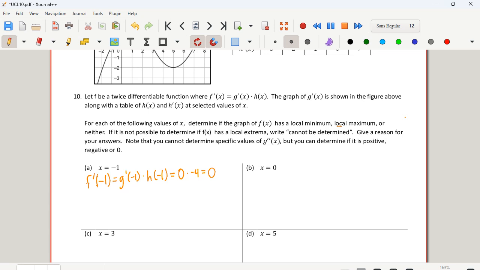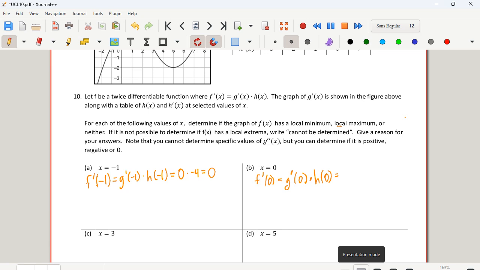Let's do the same thing with 0. Just do the steps one at a time here. F prime of 0. So f prime of 0, I'm going to recycle my thought process and write the same thing. G prime of 0 times h of 0. Are either of those things 0? No, right? That's what I thought was going to happen when I looked at this the other day.